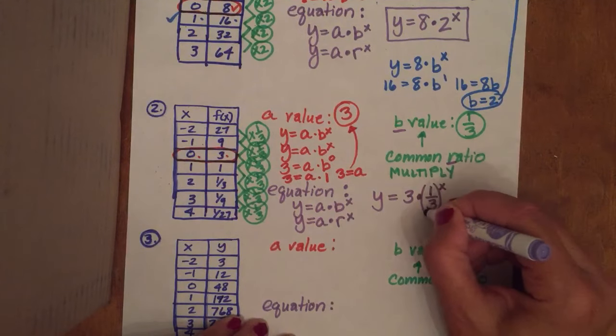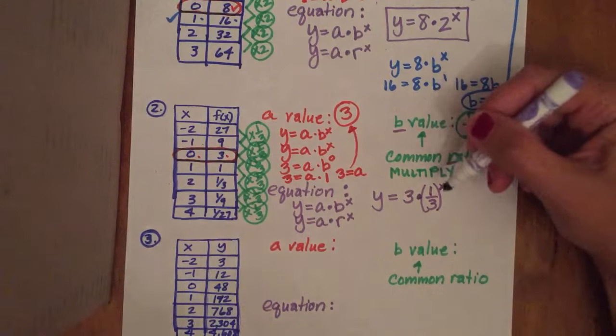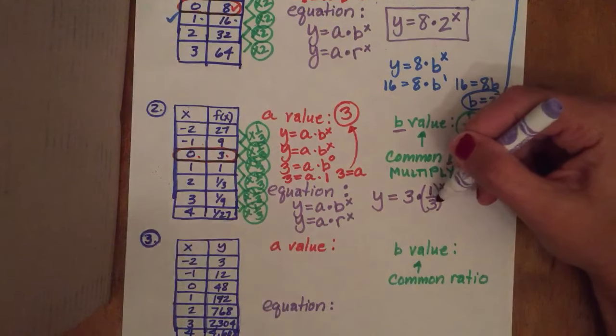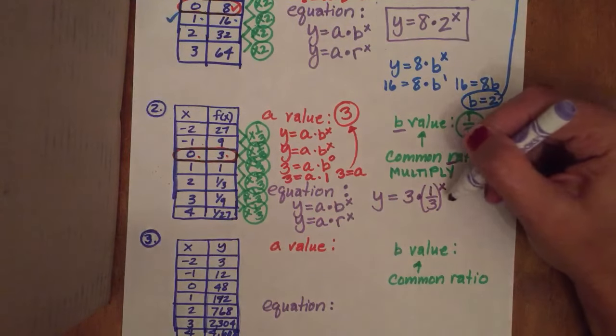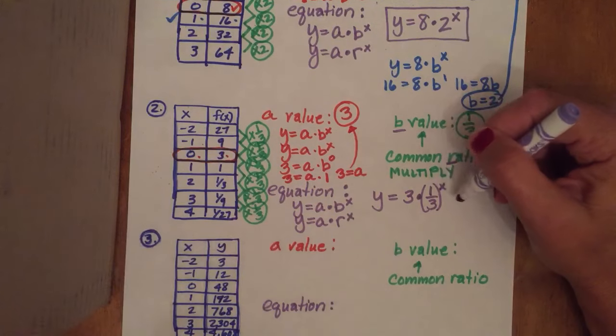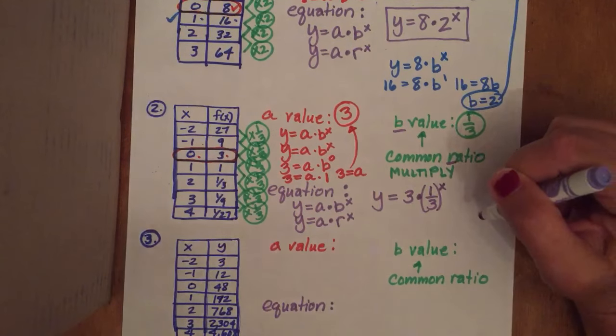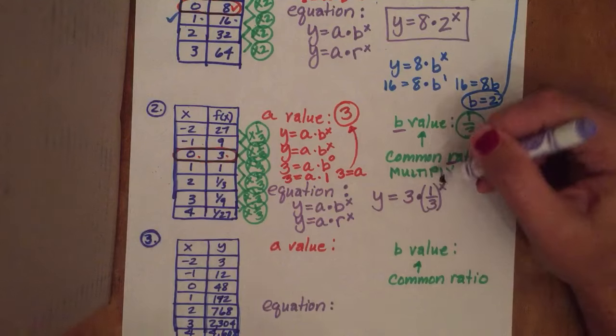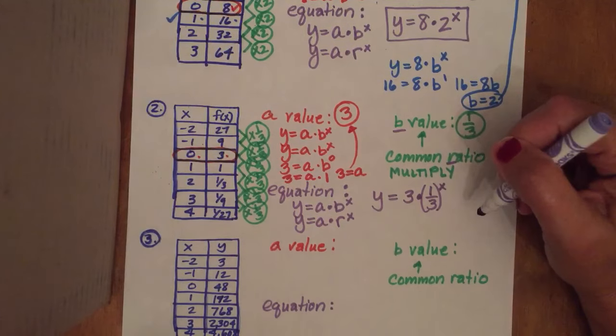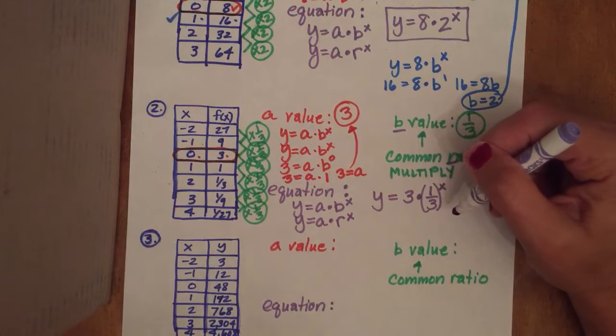And I'm going to put parentheses around that 1/3 so that you can see clearly that it's the entire fraction that is raised to the exponent x, not just the 1. That's important. If you forget to do that sometimes, you tend to just stick the exponent with the numerator. It is for the entire fraction.